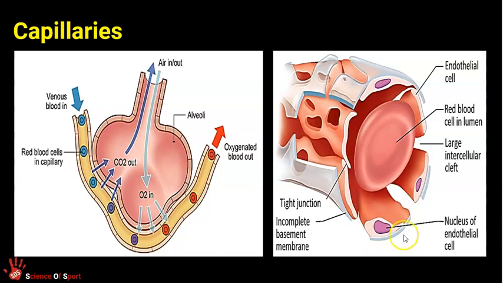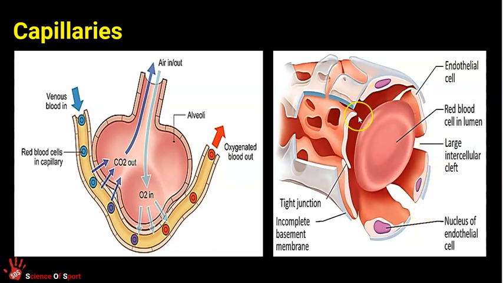The wall, as you hopefully already know, is 1 cell thick. It's just got that endothelial tunica intima, the inner layer, and it allows gases to permeate through it easily. It's designed to allow that.